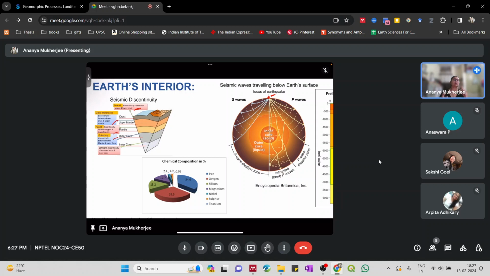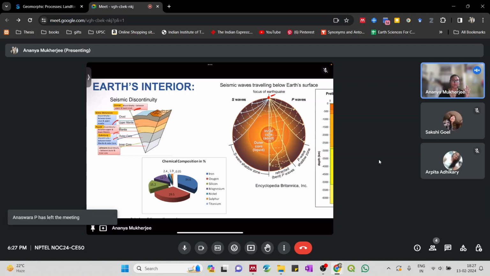Okay, since crust is a solid, P waves can pass through your crust and mantle and core and your inner core also. Okay, but S waves have a different kind of interaction. They will get reflected from this boundary itself between your mantle and the core.